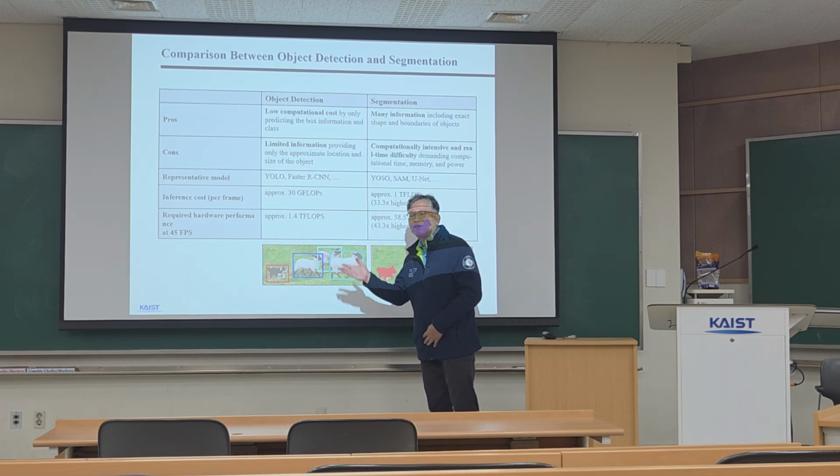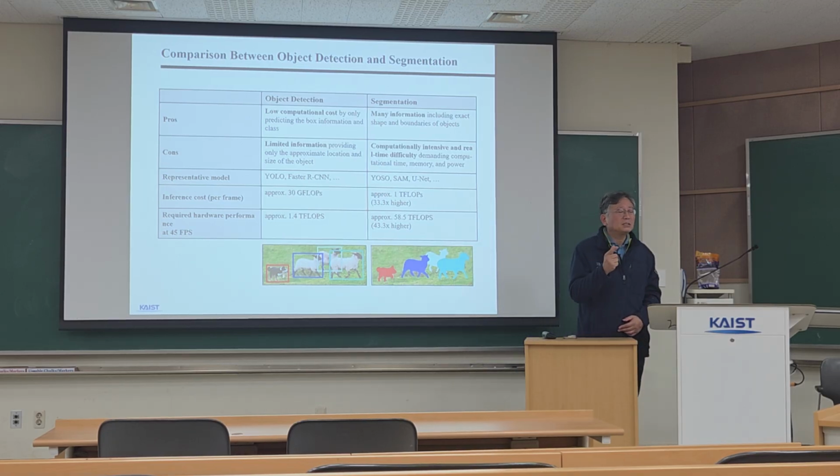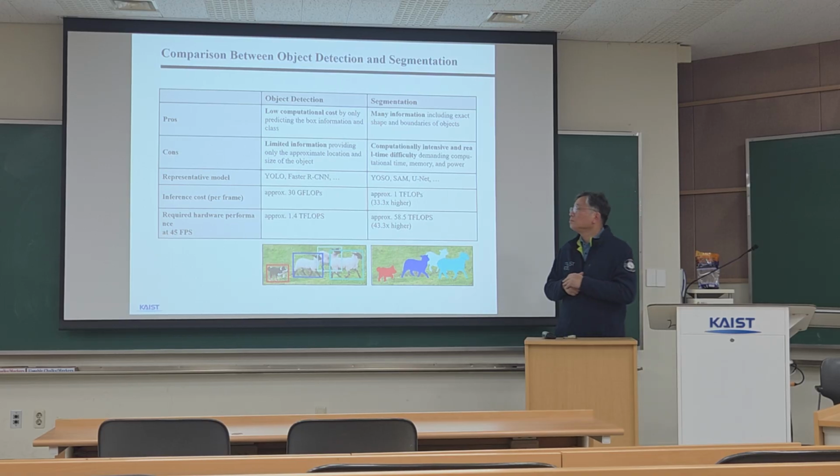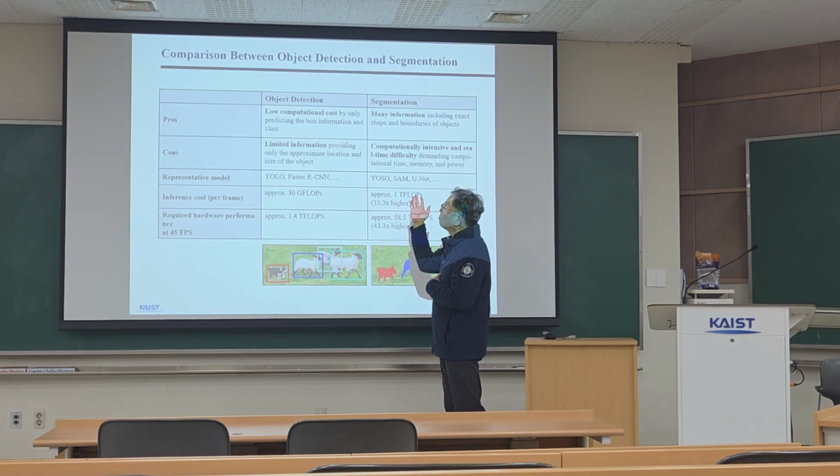By the way, I just want to define object detection. Object detection does two things. It finds the region where the object is, and it also classifies it. Okay? So it does two things. So that's one point for object detection in terms of computation.